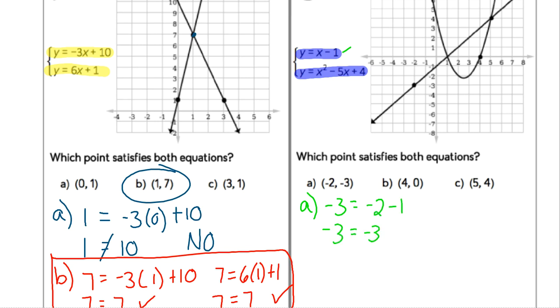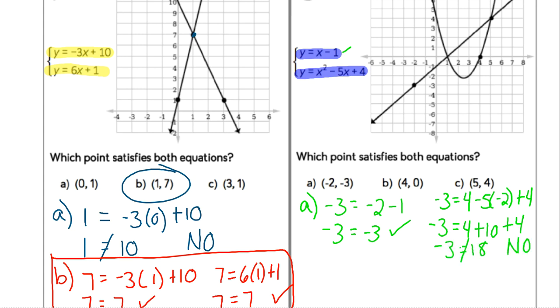That works. Let's check it in the second equation. So we would have negative 3 equals negative 2 squared is 4 minus 5 times negative 2 plus 4. And when I simplify that, I'd have negative 3 equals 4 plus 10 plus 4. And that would be negative 3 equals 18, which is not true. So A is not our solution.